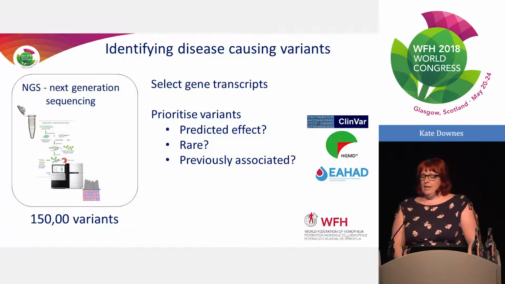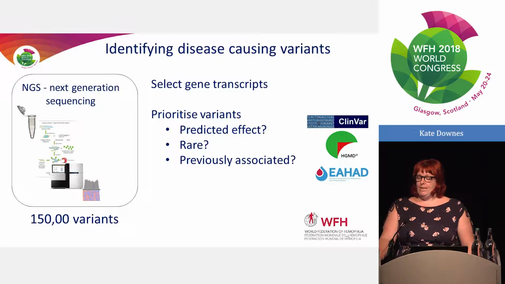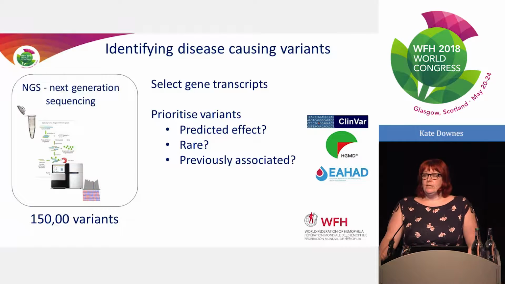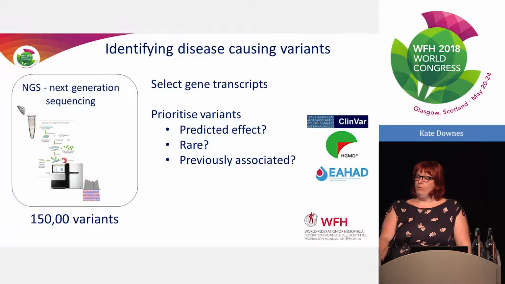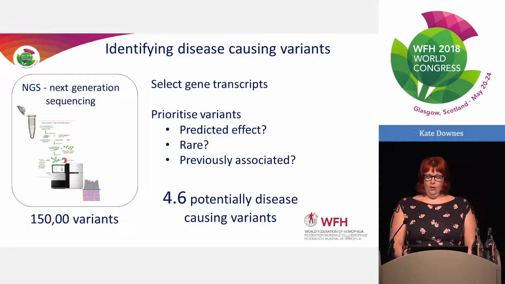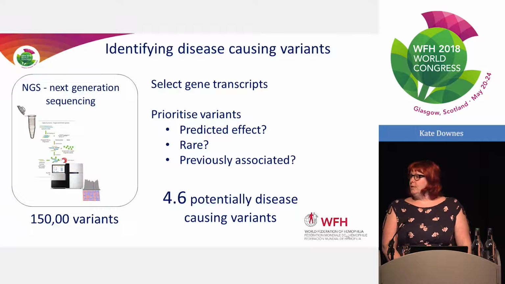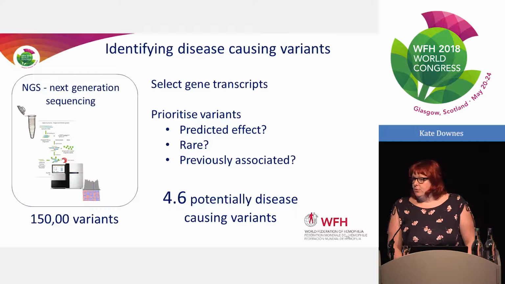So of course, the literature and the ClinVar databases, and for us specifically for the bleeding disorders, the EHAD databases are really useful in seeing whether or not somebody else has already seen whether that variant is associated with disease. So from 150,000 variants, we get down to 4.6 potentially disease-causing variants.